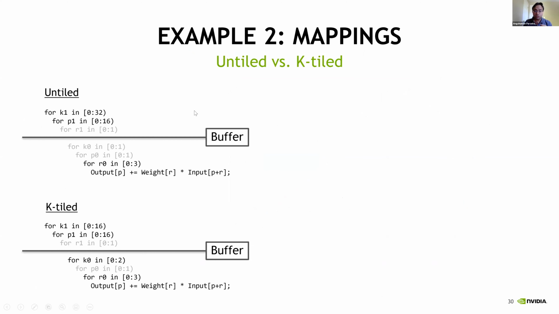All right, now let's talk about how you would map one of these problems into our known architecture from the previous example. And now we're going to examine two different mappings. One is what we're calling an untiled mapping, and the next is a tiled mapping. Okay, so the untiled mapping is not sophisticated. What we've done is we basically added the K loop to all of DRAM, right?